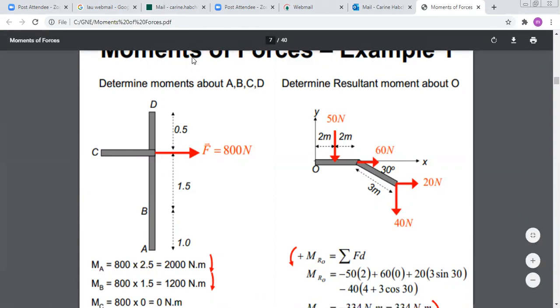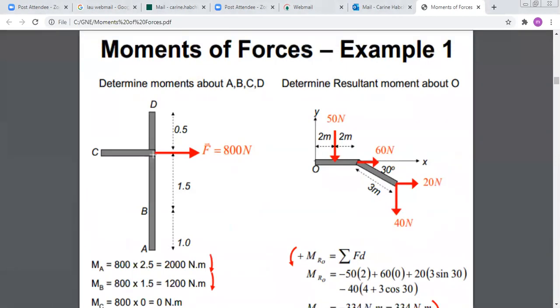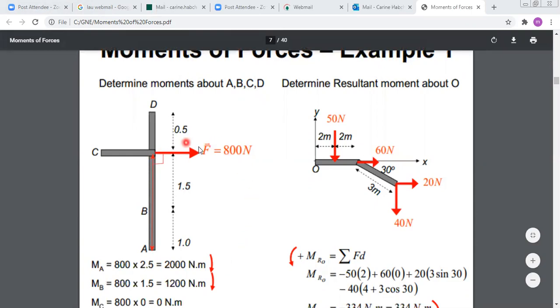Let us start with A. To find the moment about A, you should multiply F by the following distance, which is 2.5, because this is the perpendicular distance from F to A. To know the direction, you use the right-hand rule. Or, simply looking at your figure, it is clear that F is rotating about A in this direction, so it is clockwise. This is why, when you find MA, you say it is the force 800 times the distance to A, which is 2.5, and you put the arrow in the clockwise direction.